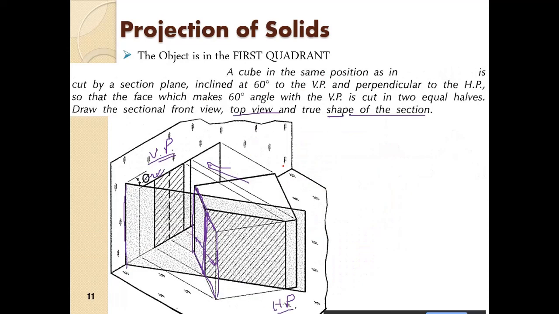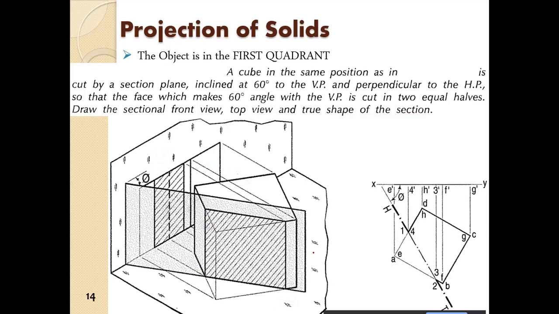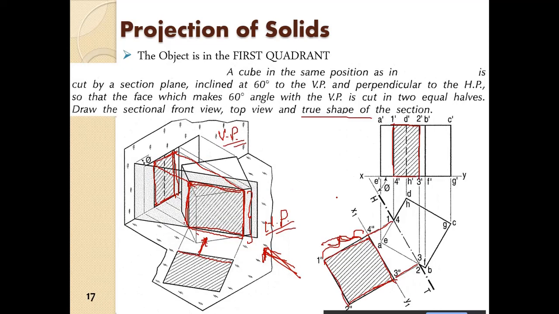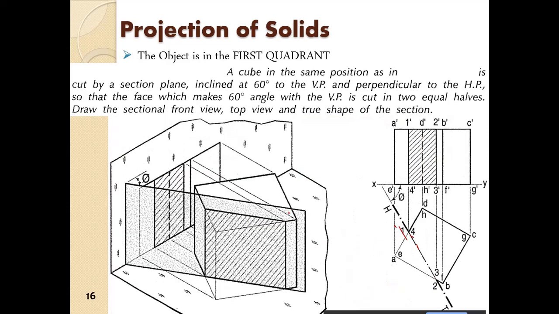Again, this plane is inclined to the VP but perpendicular to the HP, and this plane is inclined to the HP and it is perpendicular to the VP. Those are the only cases that are required to be discussed. It has already been discussed in this class. So let us try some problems, and if there is any problem, then we will look into that.